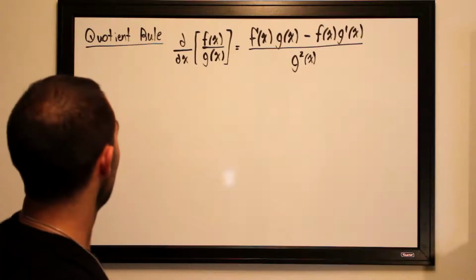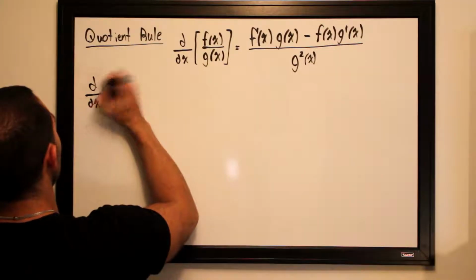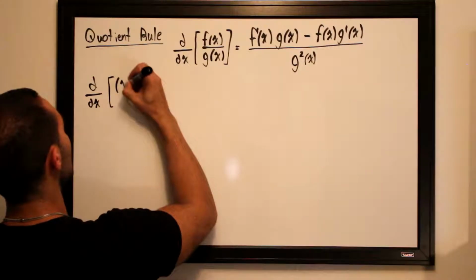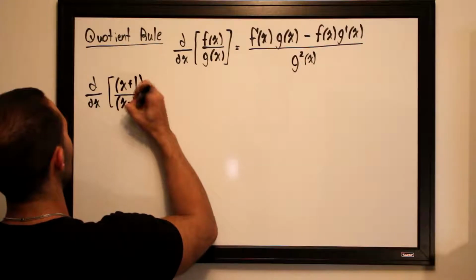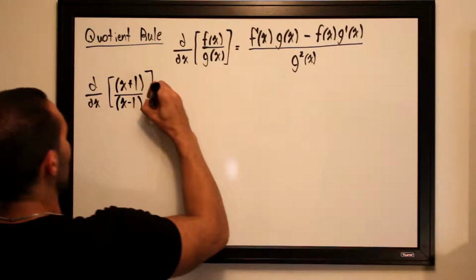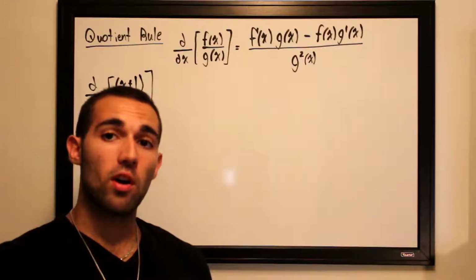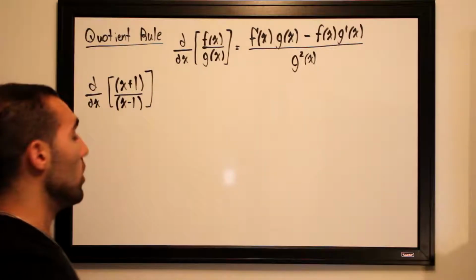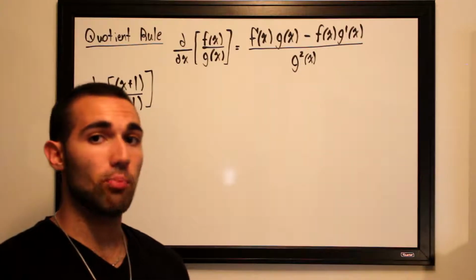If we wanted to take the derivative d by dx of the function x plus 1 divided by x minus 1, we would start out by doing the exact same thing that we did when we were taking the derivatives of products, and that is we will write out our f of x, our g of x, our f prime of x, and our g prime of x.